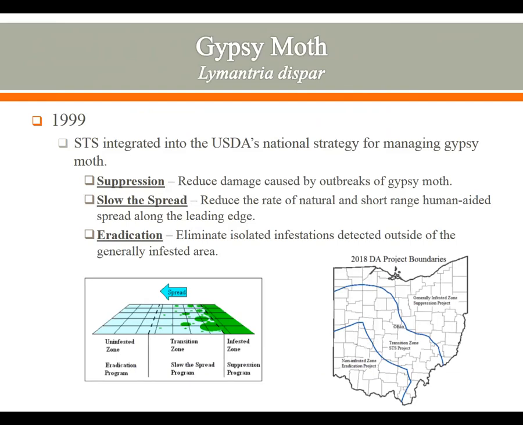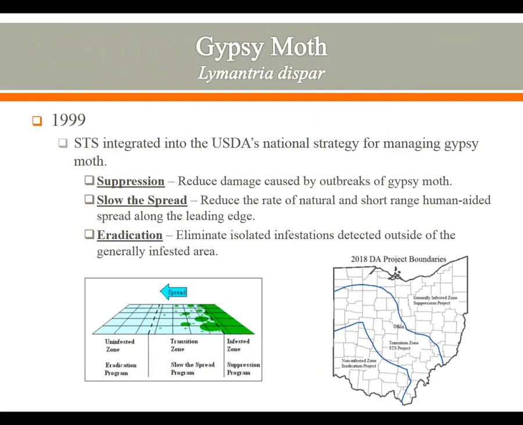The goal of suppression was to reduce the damage by the gypsy moth, providing an opportunity for landowners to have heavily infested acres treated to help take pressure off the infestation line.